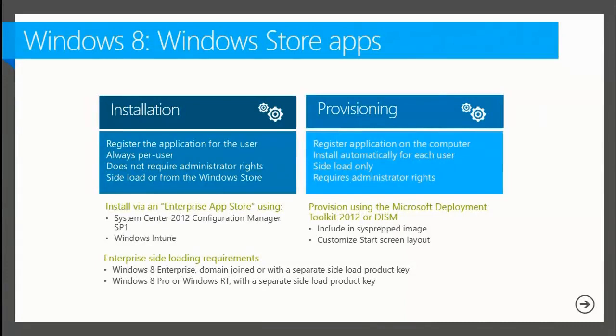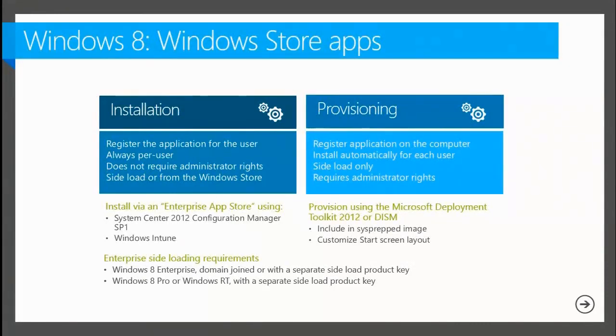So whatever cert was used to sign the app, if there's a trusted root certificate that goes along with it that isn't yet on your machine, you may need to deploy that to the computer in order to run the app in that way. There are PowerShell cmdlets to do installation. There are PowerShell cmdlets to do provisioning. You can also remove the built-in apps if you wanted to. All of that can be done using PowerShell. There are also some DISM command line options to do the same thing.